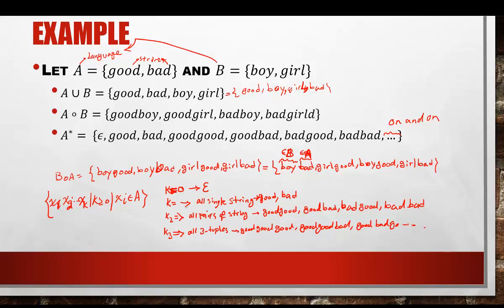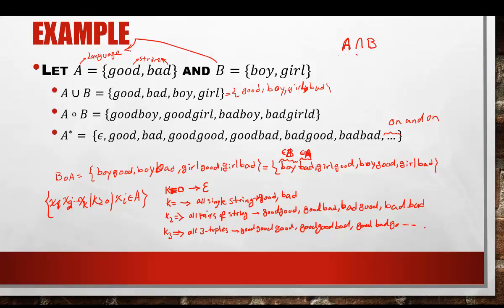So these are the three regular operations that we're interested in. We call these operations regular because regular languages are closed under these operations, and we'll talk about this shortly. But there are two other operations that are interesting and have merit to talk about. One of these is the intersection operation.